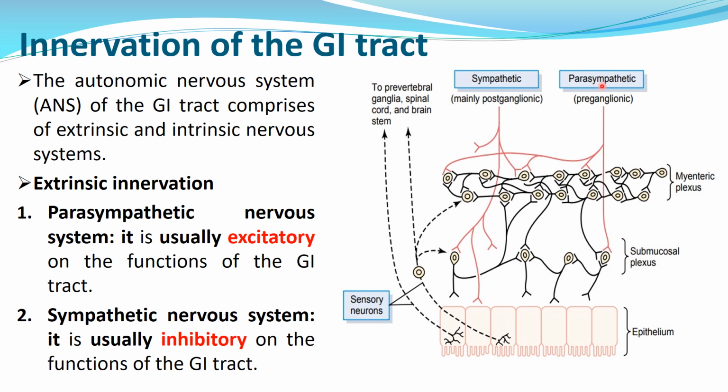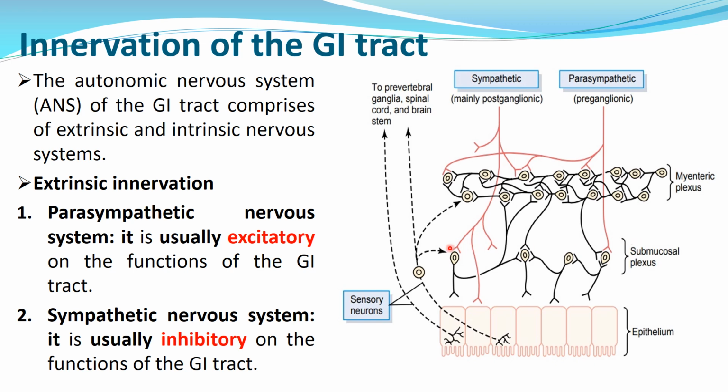Because the impulses or the neurons come from outside of the GI, from the central nervous system. The second group is called the intrinsic because it is directly related to the GIT tract, or located between the layers of the GIT tract.